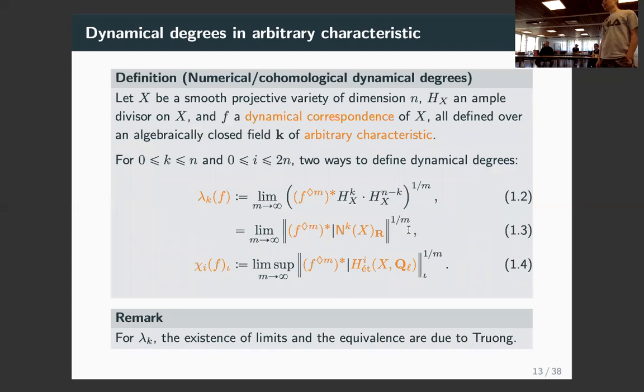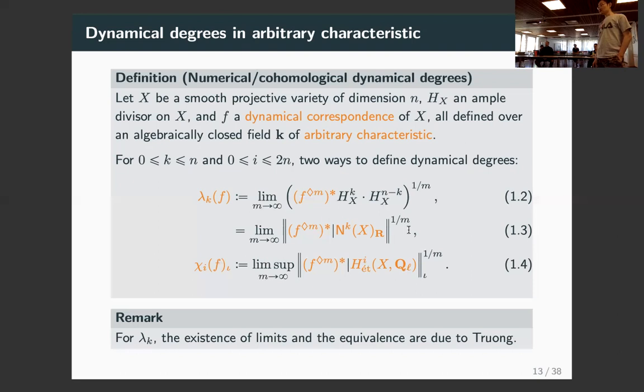First, the so-called numerical dynamic degree, lambda_k(f), which is defined as the limit of the m-th root of the pullback of this iterate using intersection theory, using the intersection of these ample divisors. And this first limit is equivalent to the second one using norms, because we have the positivity of these ample cones.